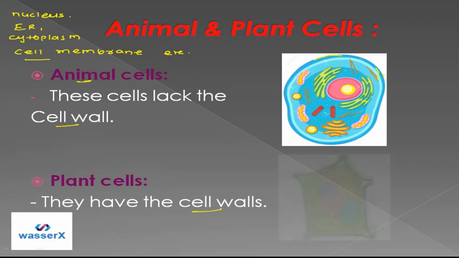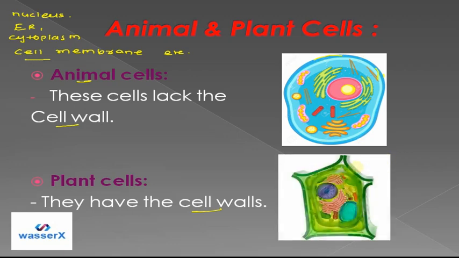So, let's see it. Now, this is the image of a plant cell. In this image, you can clearly see that after the cell membrane, there is an extra protective layer called the cell wall. This cell wall protects the plant cells and gives the plant cells rigidity.